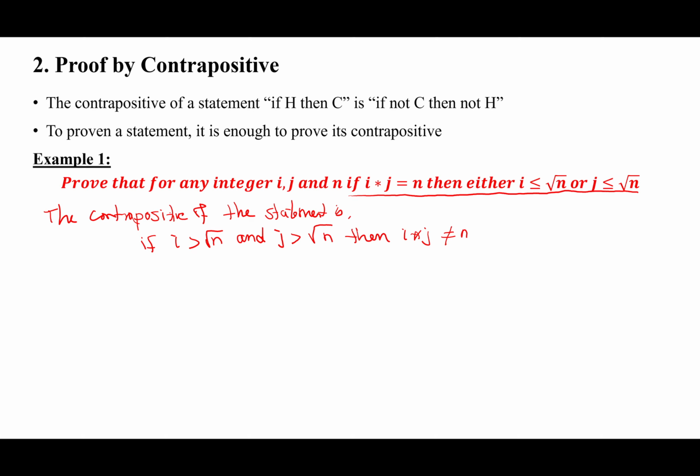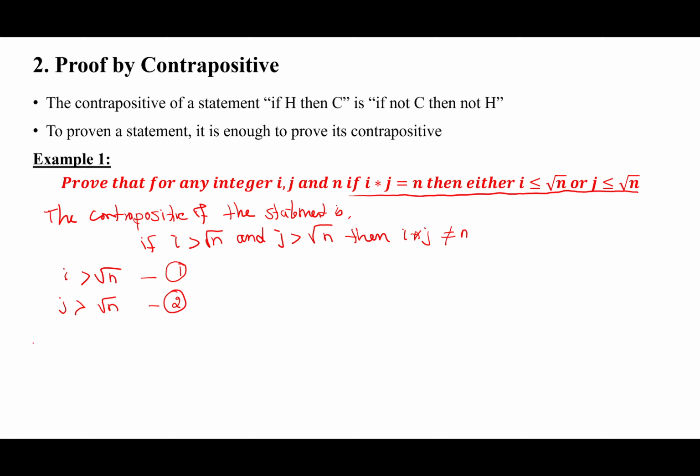What is given in the statement? i is greater than root n. We consider this as the first equation. The next one, j is greater than root n, which we take as the second equation.